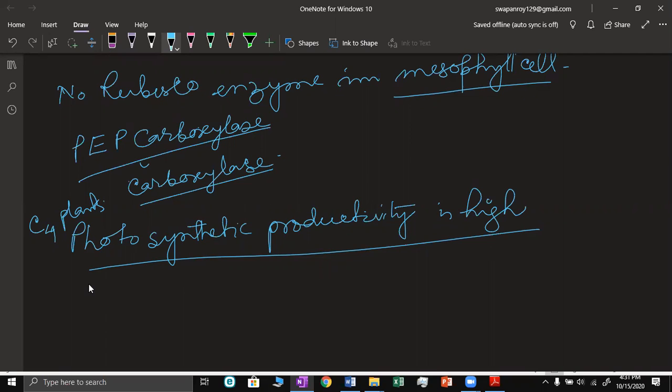Okay, students. So in the C4 plant, the photosynthetic productivity is very high because there is no photorespiration.